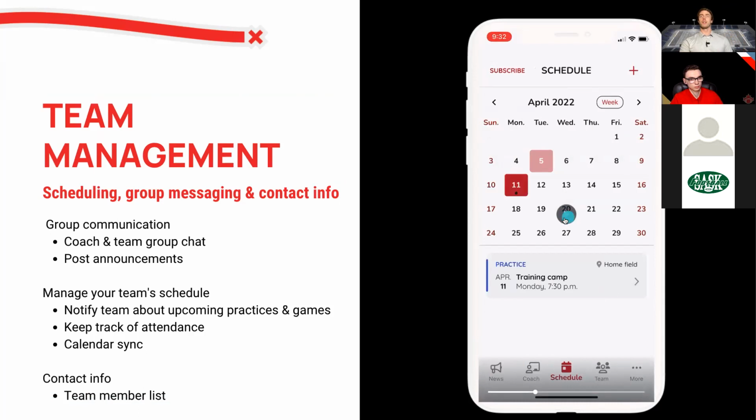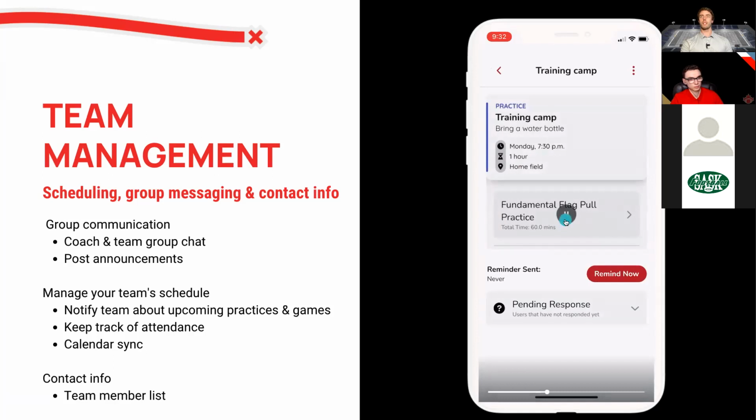And then we just tapped on an activity that we had already scheduled there. So you see it comes up at the bottom, tap on the activity, and then you can actually see all the information that the coach has entered associated with that activity. And then under responses there, you can just see who on your team has said whether or not they'll be going to that activity.